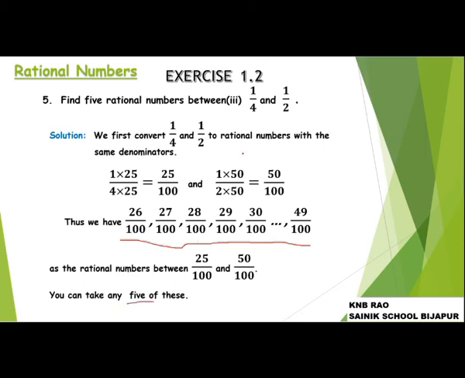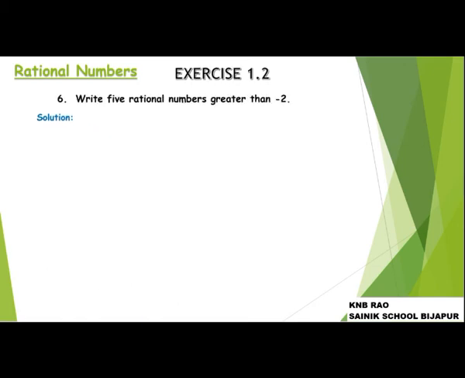Now, the last but one question, the 6th question of exercise 1.2. Write 5 rational numbers greater than -2. It is easy. All the integers are also rational numbers.